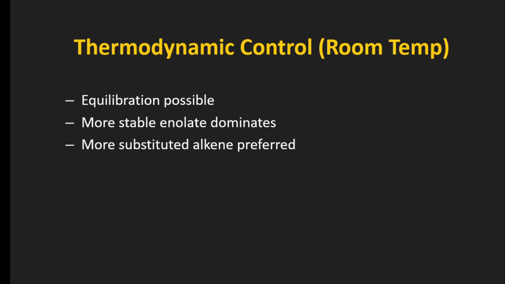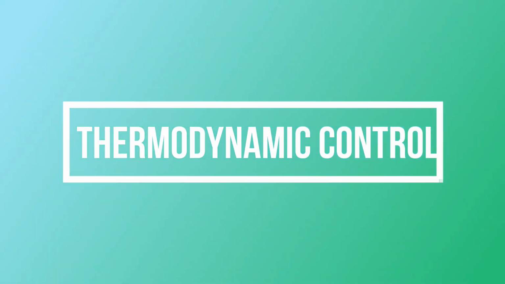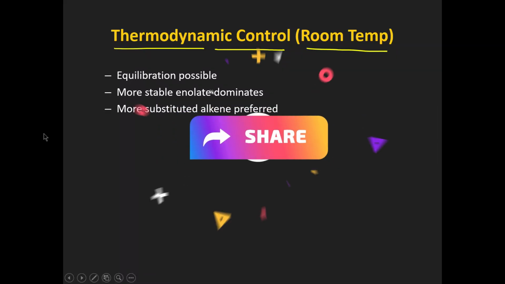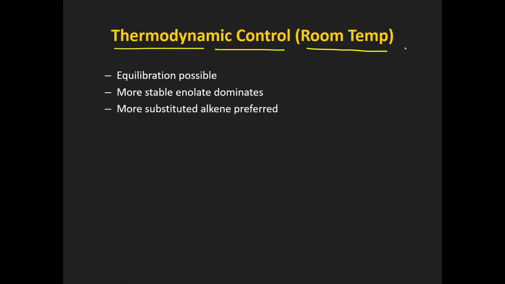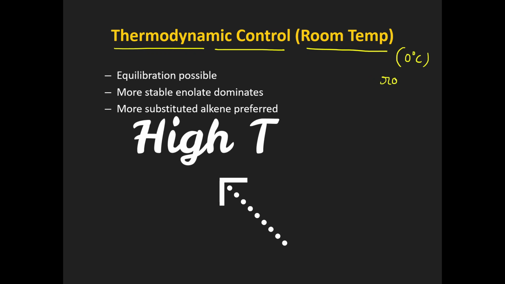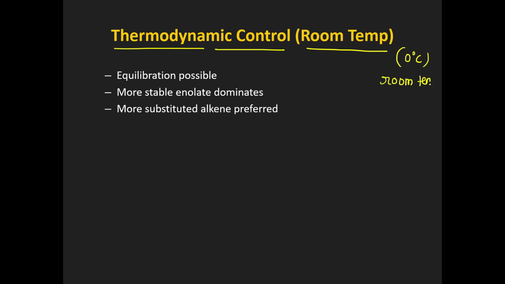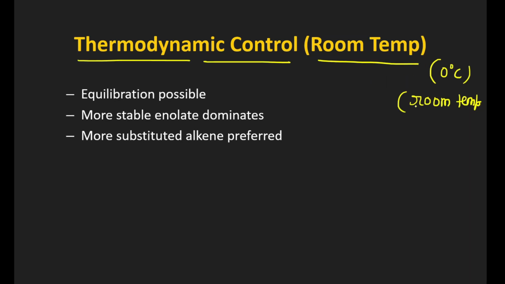Let's see the second case, that is at room temperature, where there is thermodynamic control. Why does this happen? When we raise the temperature, suppose it is at 0 degrees centigrade or at room temperature, now the system has enough energy to reach equilibrium, meaning equilibrium is possible.